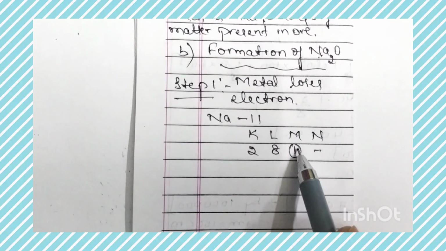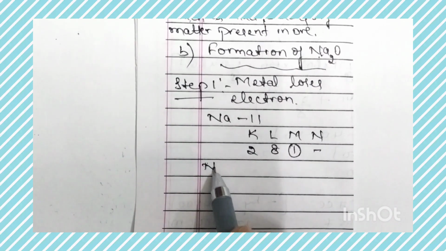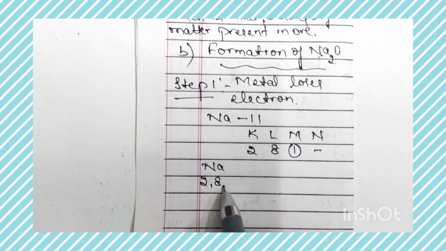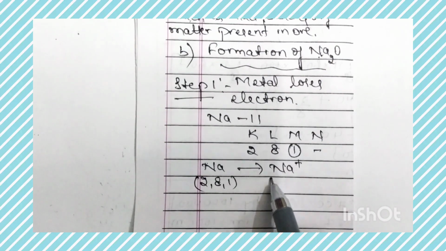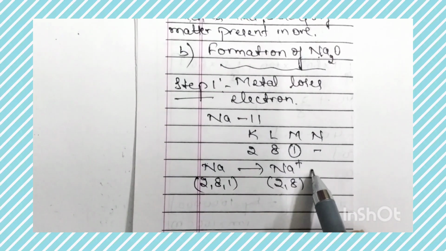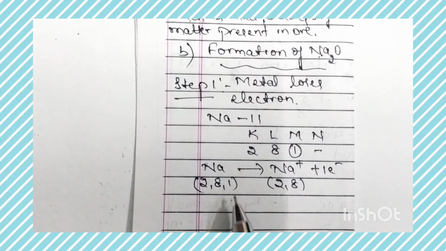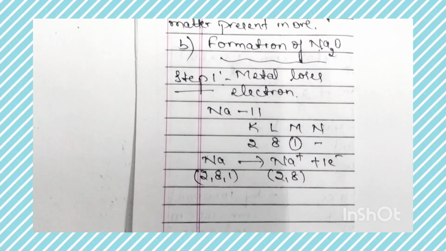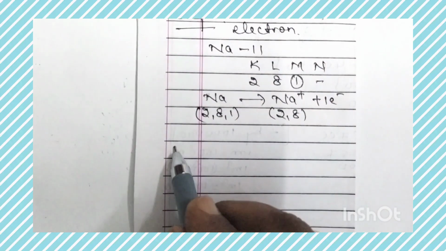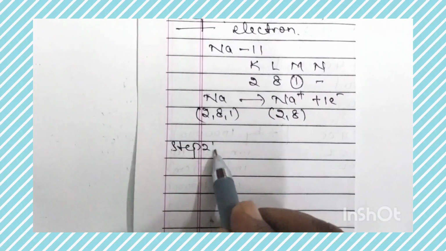So sodium, by losing 1 electron, will become sodium ion. Sodium 2, 8, 1, by losing 1 electron, becomes Na plus, 2, 8. So the sodium atom, by losing 1 electron, becomes sodium ion. The electron that was here has been given away. This is step number 1.